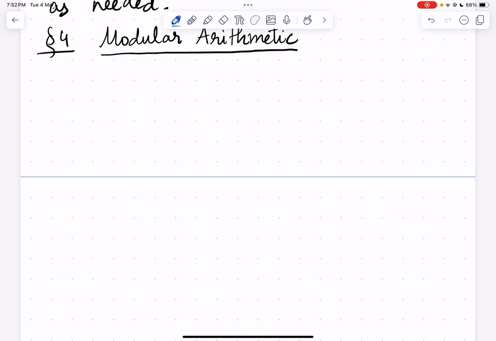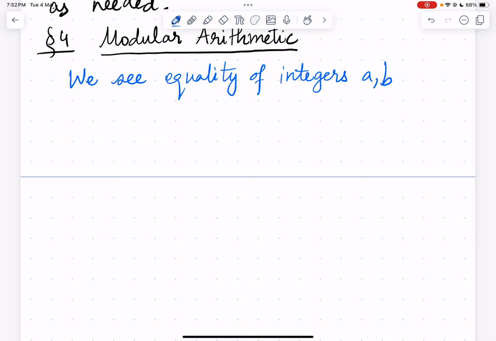So we see equality of integers a = b is a strict condition.